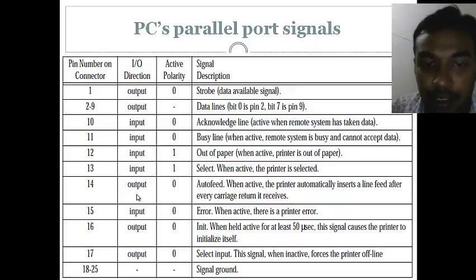The 15th you can say is error, to check the printer's error. 16 is the initialize. This 25 pin connector is the data connection between the system and the printer we are showing. As you can see, 18 to 25 are the ground signal. The 17th is the input signal, meaning whether the printer is online or off. For that we check.